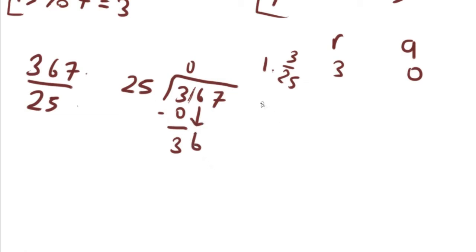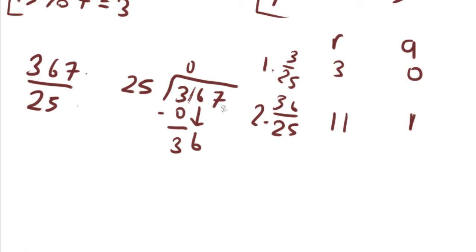Now we're going to move on to step 2, where we take this number and find out how many times 25 fits into it. So 36 divided by 25. The quotient is 1 this time because 25 fits in 36 once, and then there is 11 left over.